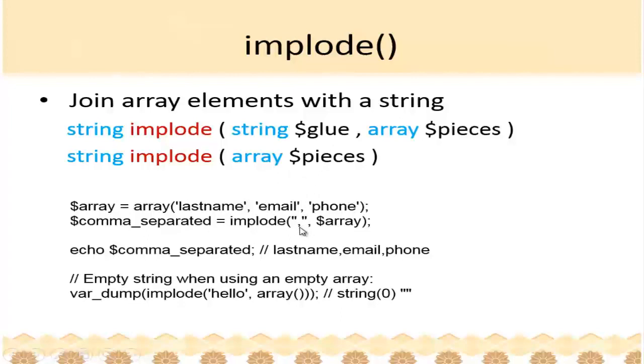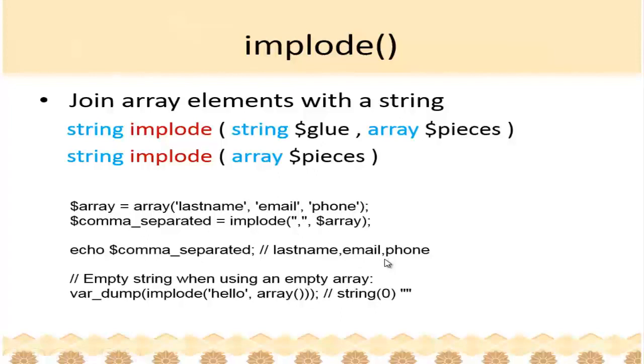Separator could be hash, comma, plus any symbol. So this is a separator symbol and you specify the array. What will be the output? It's going to break this array using the comma separation. So this indicates how you separate the element. Any character that you specify here will be used as a delimiter between the words.